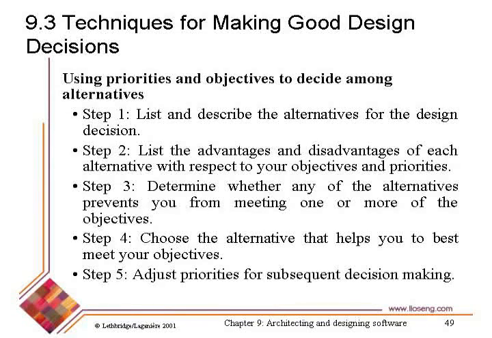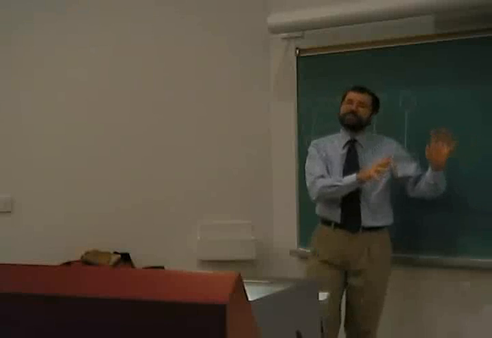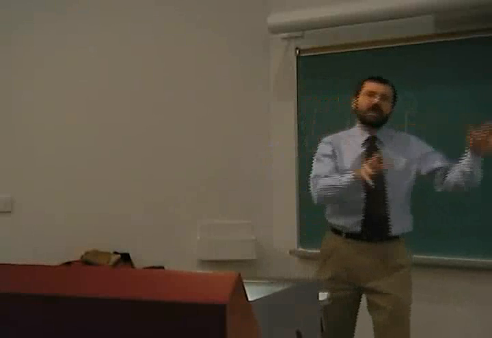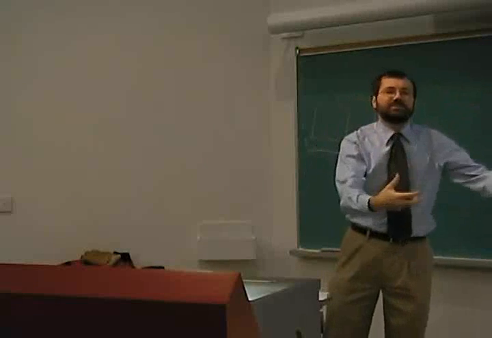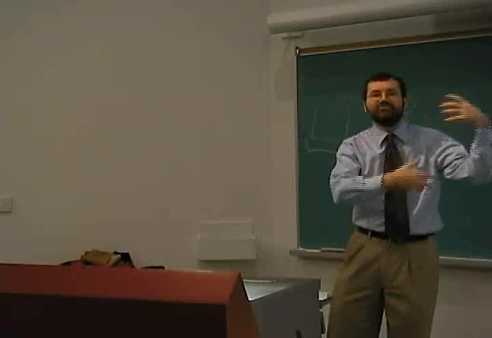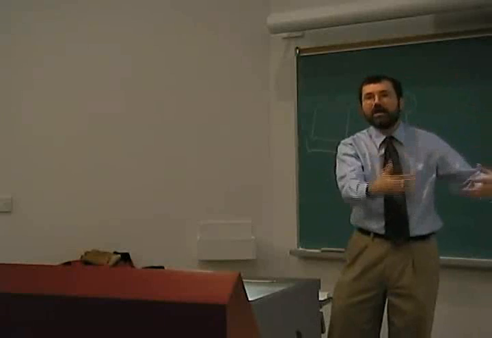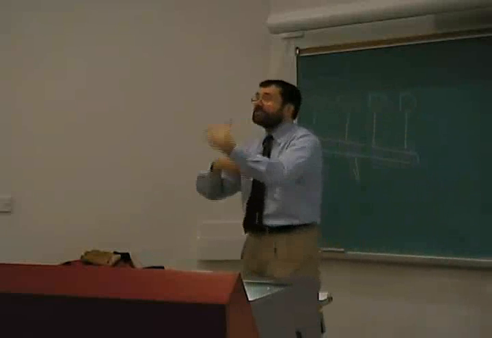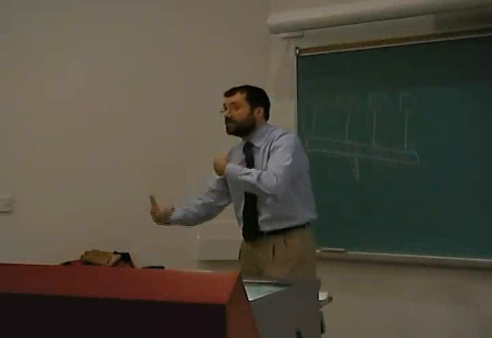And finally, sometimes the priorities will change as time goes on. So for example, if I've made a number of decisions early in my design process that have an impact on efficiency, efficiency might not have been that important, but if I start making decisions that are inefficient and consume a lot of CPU resources and memory early on, later on in design, I might be short of memory and CPU time.